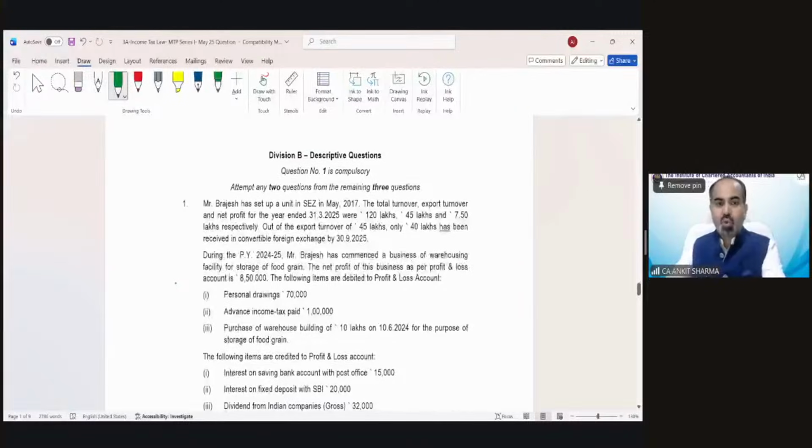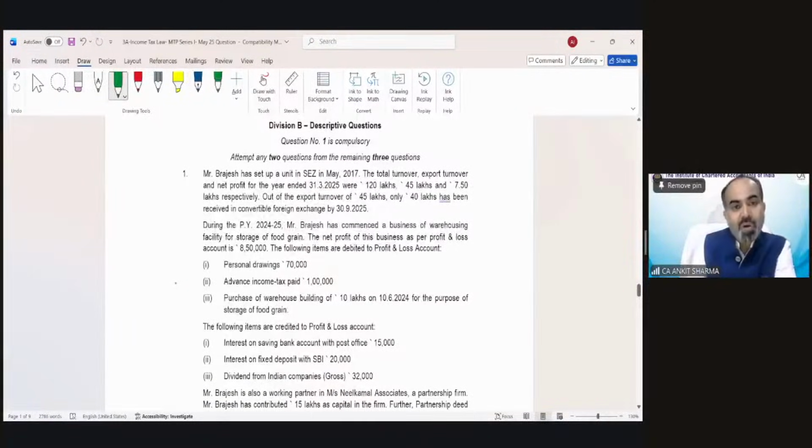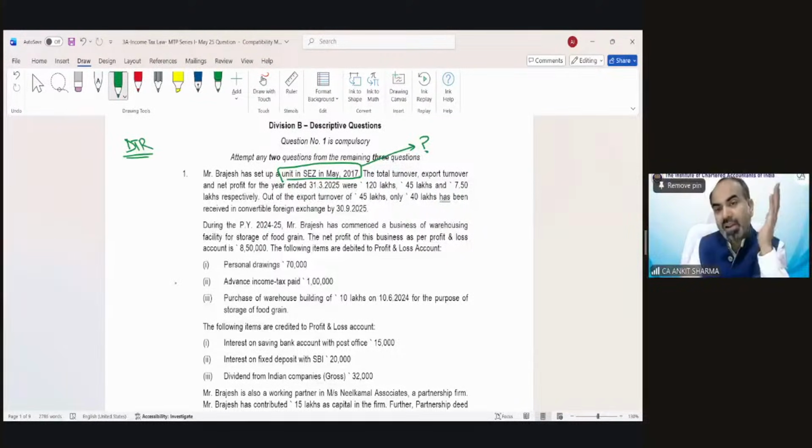Information has been given. So under default tax regime, Mr. Brajesh has set up a unit in a special economic zone in May 2017. Why is this date relevant? In case of a special economic zone, we should automatically recall that there could be a deduction allowable under section 10AA.